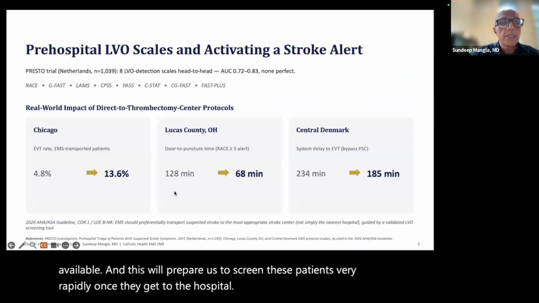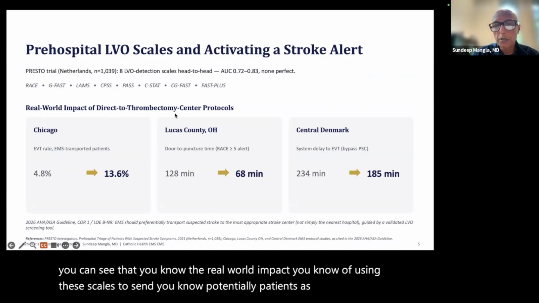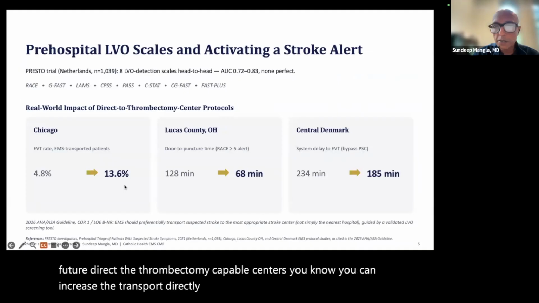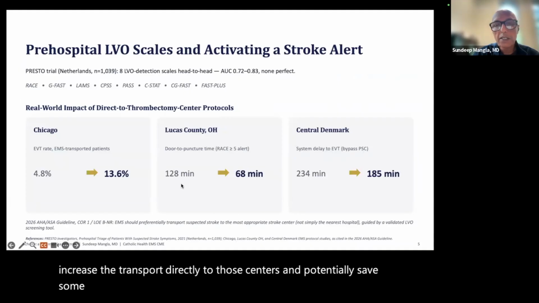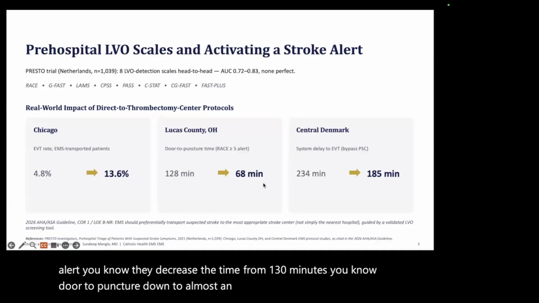You can see the real world impact of using these scales to send patients, as we may in the future, direct to thrombectomy capable centers. You can increase the transport directly to those centers and potentially save some time. In some cases when they use the RACE alert, they decrease the door to puncture time from 130 minutes down to almost an hour, which is incredible.